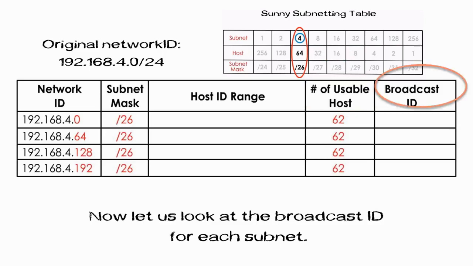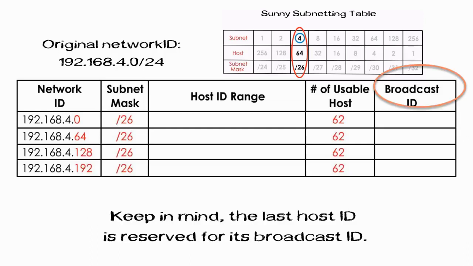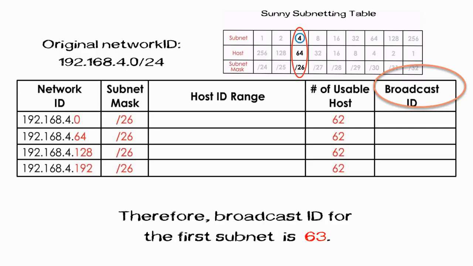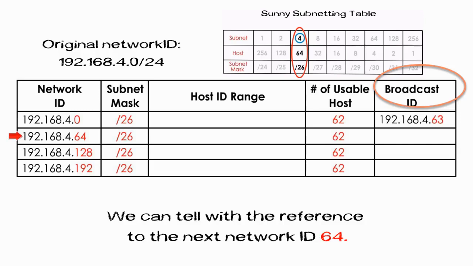Now let's look at the broadcast ID for each subnet. Keep in mind, the last host ID is reserved for its broadcast ID. Therefore, the broadcast ID for the first subnet is 63. We can tell with reference to the next network ID, 64.